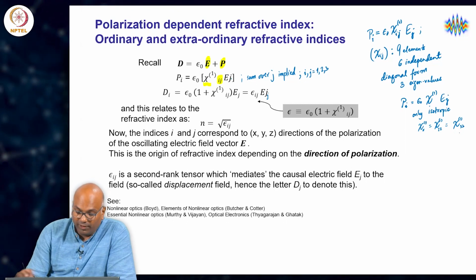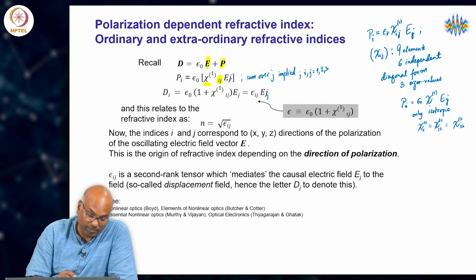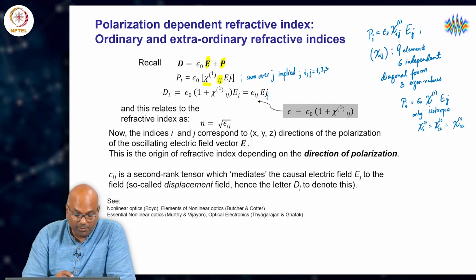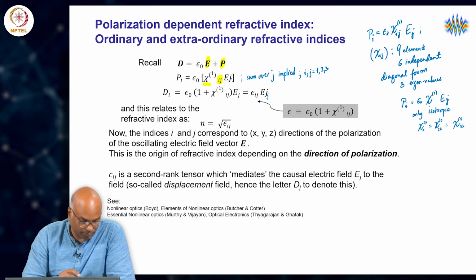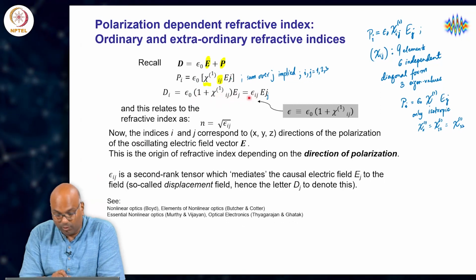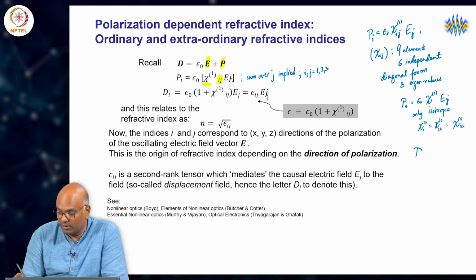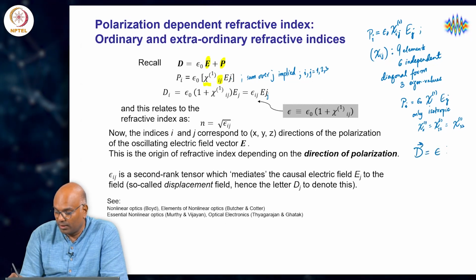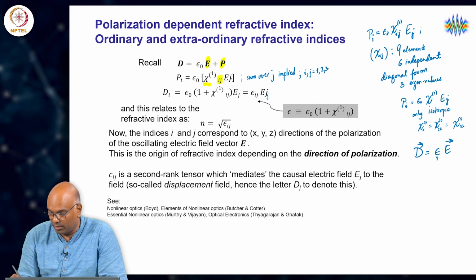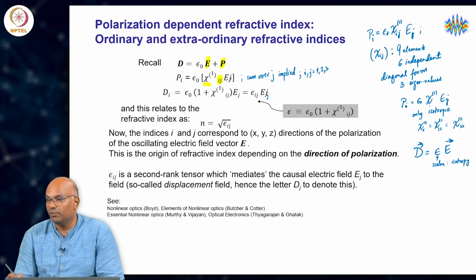Now we know from basic optics that since D is epsilon naught E plus P, and P is epsilon naught chi ij multiplying Ej, we substitute this into the equation: Di is epsilon naught times 1 plus chi ij Ej. This lends itself again to another iconic equation, which is D is epsilon E. Earlier in elementary optics studies, we treated this to be a scalar, meaning isotropic media, which is not the most general case.